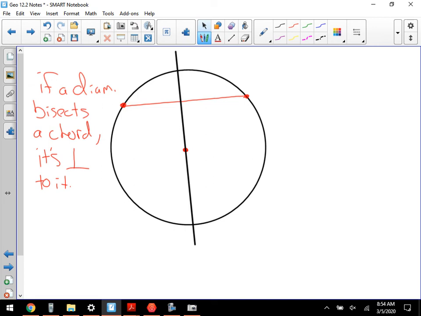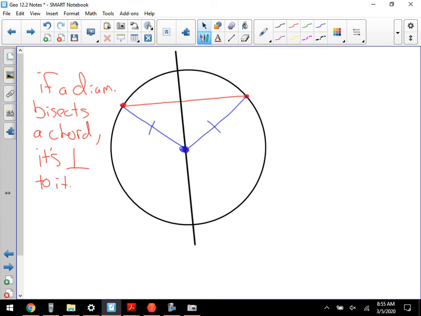Anyway, so what I'm going to do real quick, if I draw the radii in, we know that these two guys are the same. You okay with me on that? Okay. Now, hold on. If I look at that triangle that's created, the large triangle, not the one with the diameter in the middle of it, do you guys agree that it's isosceles?